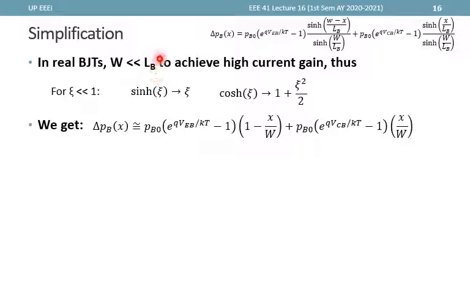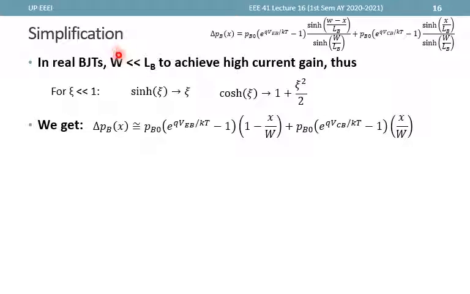Again, LB is the minority carrier diffusion length, and if the effective base width is short enough, then the carriers will most likely not recombine along the way, since they recombine on average after LB, but you are only giving them W to travel.